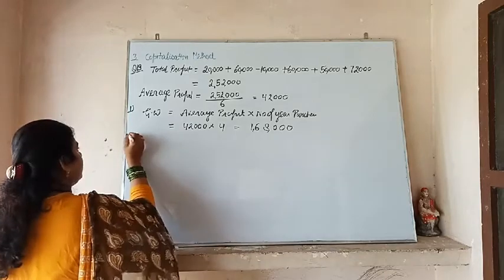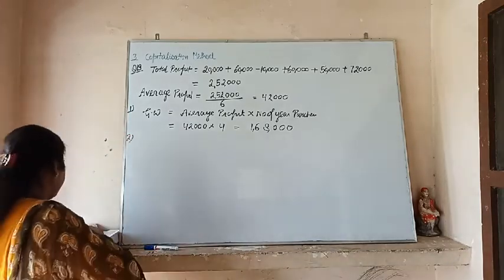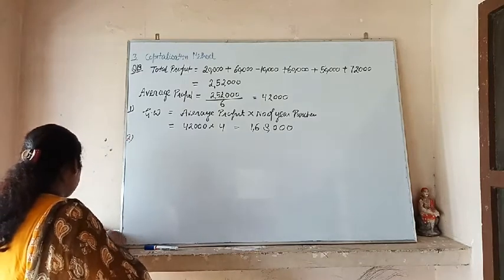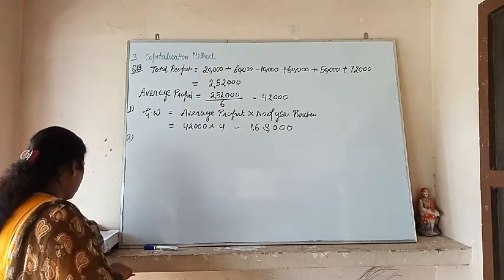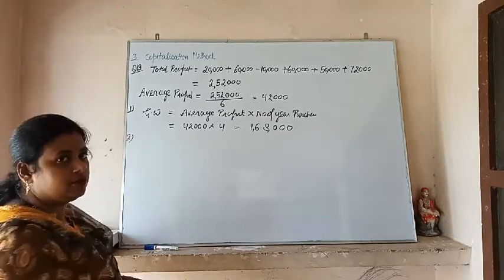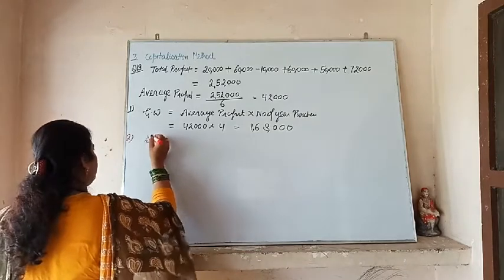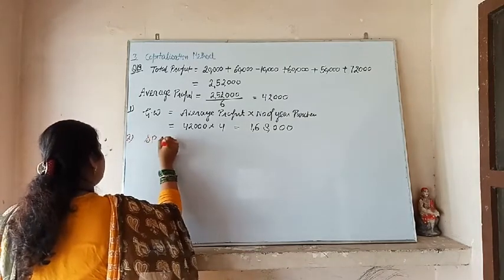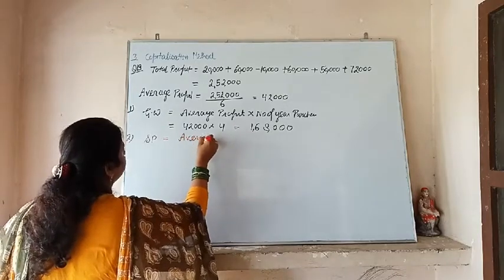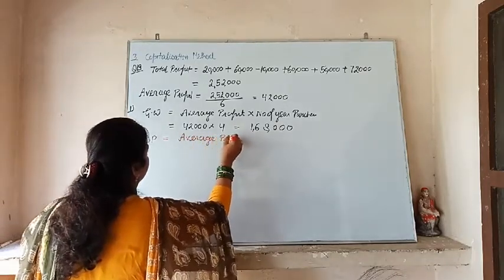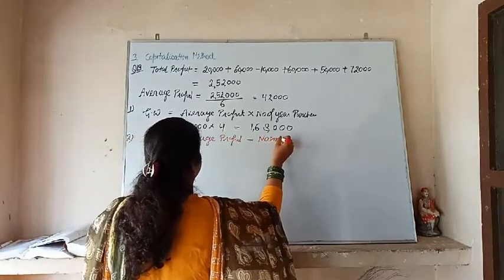I will change the color of the marker so it will be more visible to all of you. In the second question it is asked to calculate goodwill on 4-year purchase of super profit. So in this case, firstly we will have to calculate the super profit, and we know the formula: super profit is equal to average profit minus normal profit.